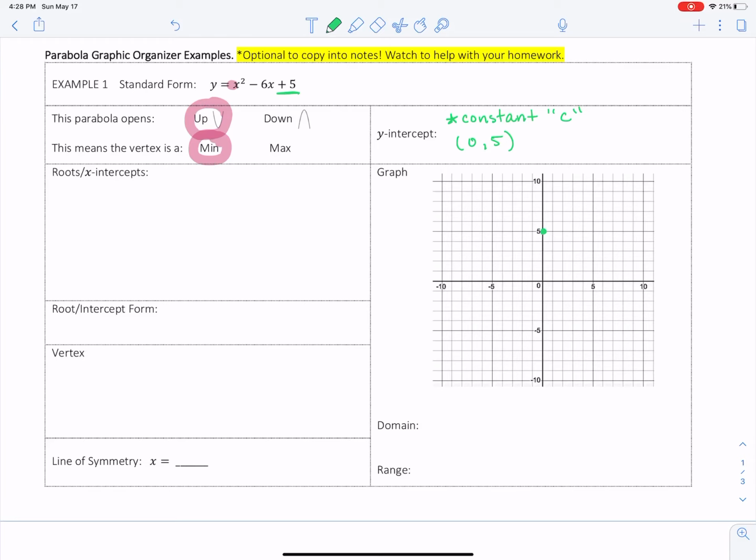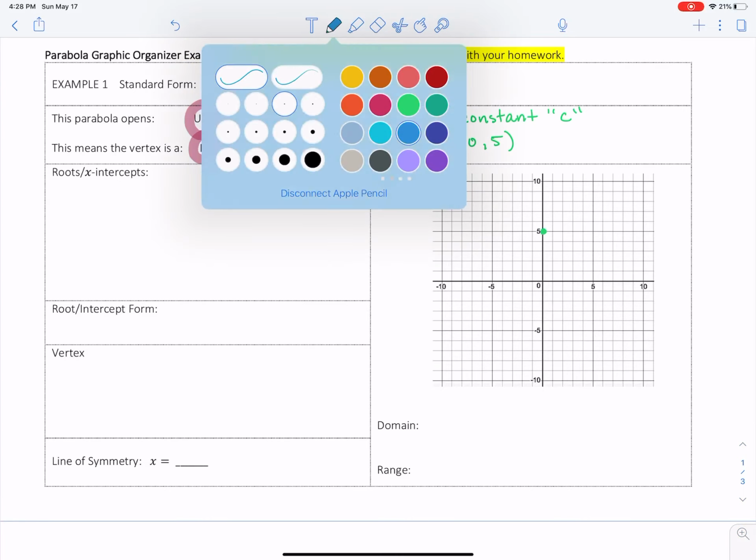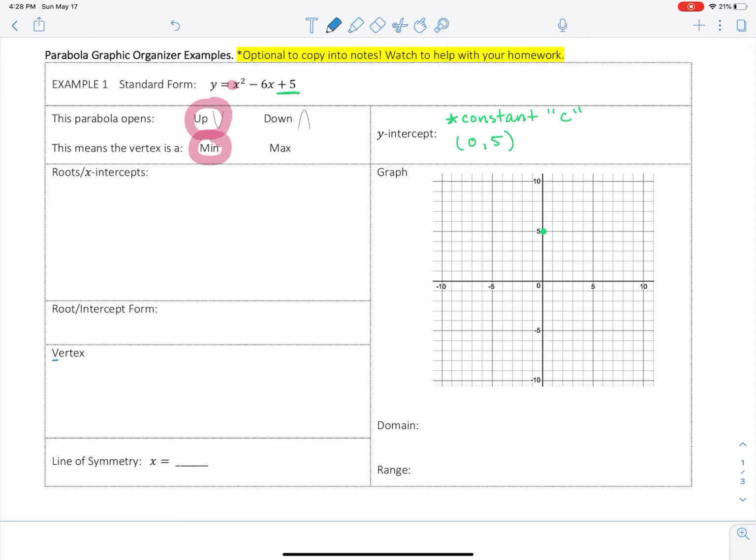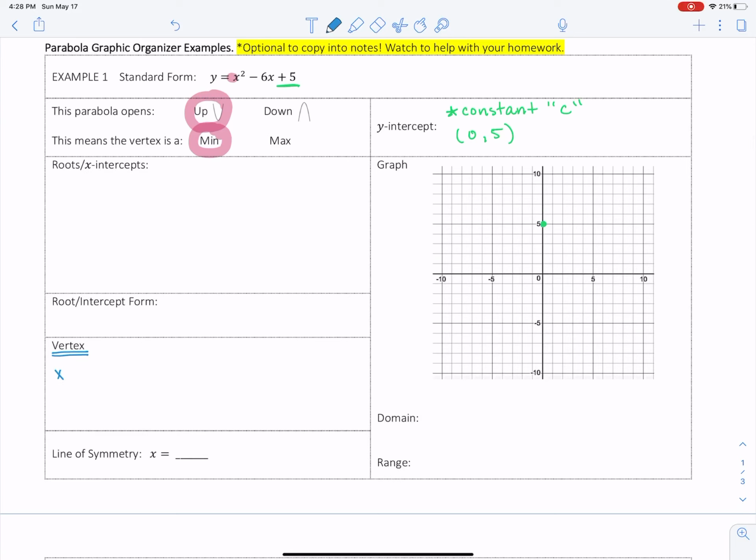Okay, I find it easiest to jump down to my vertex. So I'm going to jump down here to my vertex and then we'll come back to our roots. To figure out my vertex, I need to figure out my line of symmetry, which is x is equal to negative b over 2a.